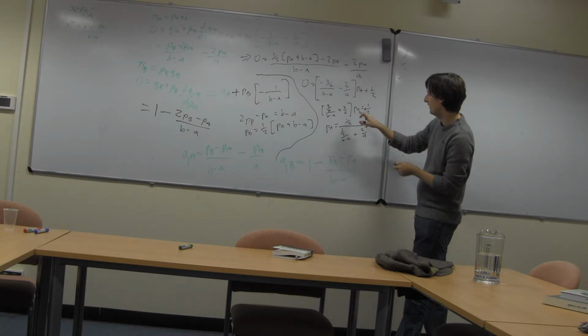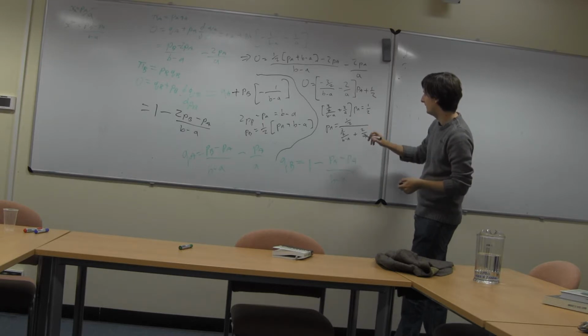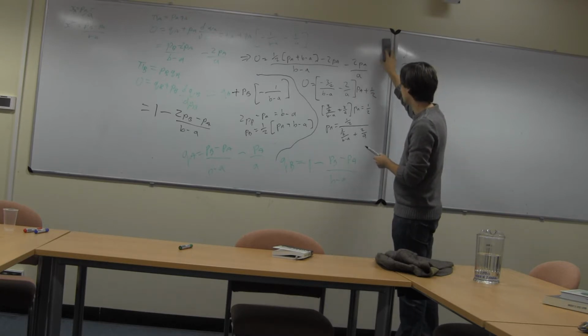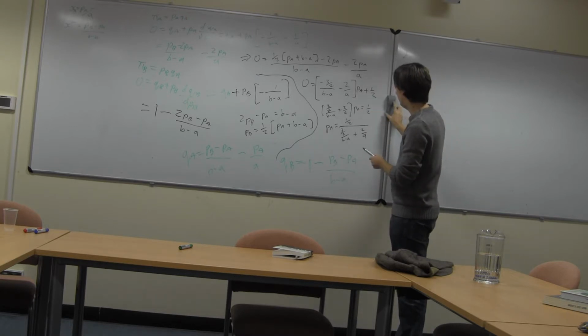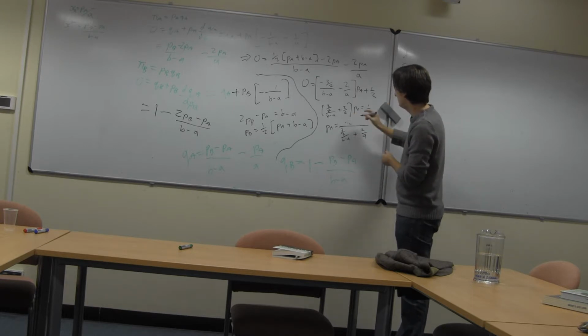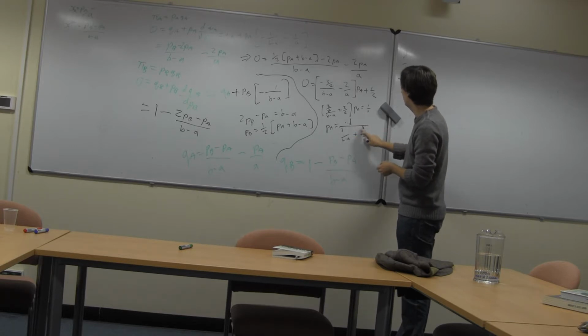And if you times top and bottom by a half here, you can simplify this a bit. So this half on the top becomes a 1. 3 over 2 becomes a 3. 2 becomes 4.